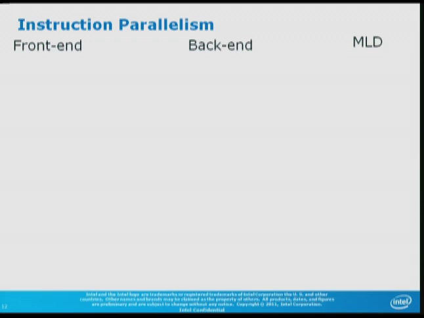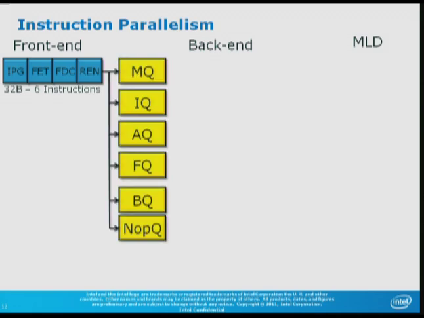The next form of instruction parallelism I'm going to talk to you about is basically, literally, the number of instructions that can flow down each pipeline in parallel. The front-end pipeline is 32 bytes wide and can fetch 6 instructions per cycle. These 6 instructions are dumped into a 96-entry instruction buffer that is broken up into 6 logical queues.